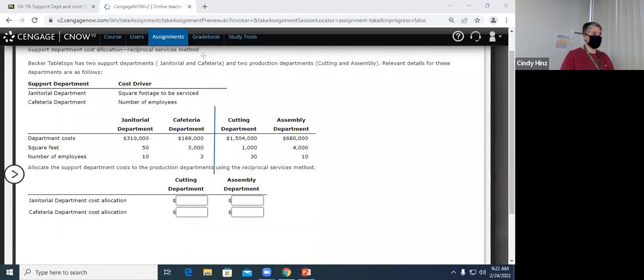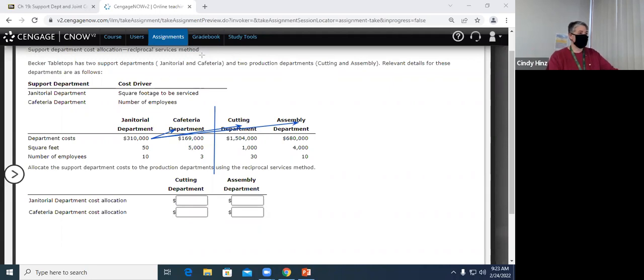If I can arrow back here. So the 310,000 from the janitorial would go to the cafeteria and to the cutting department and to the assembly department. And now the janitorial 310,000 is fully allocated to those other three departments. The cafeteria department cost includes this 169 plus a piece of the janitorial.